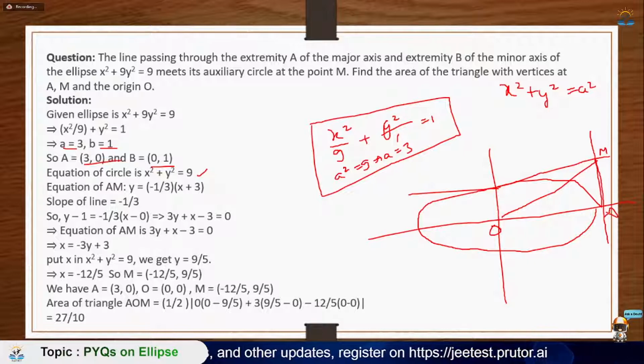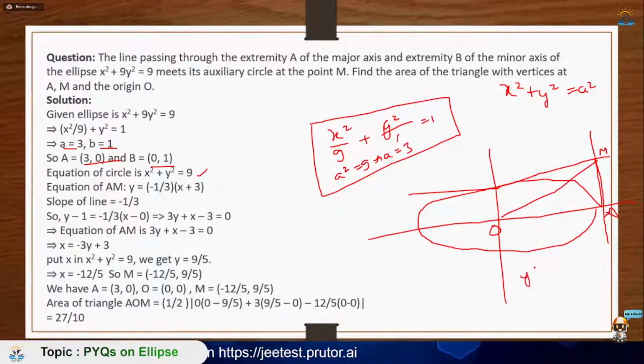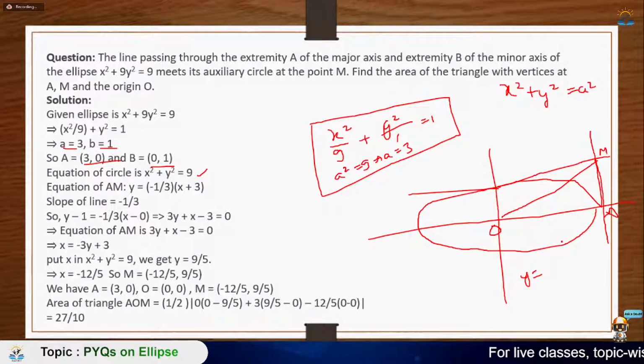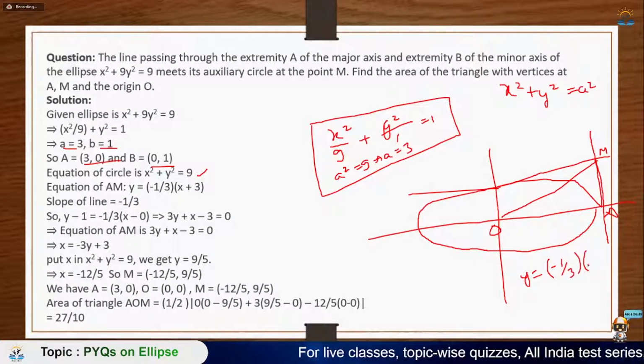I know the point A, and I can write the equation of this line using the point A. How? I know that y is equal to mx plus c, and in this case m would be equal to minus 1 by 3, into x plus c.